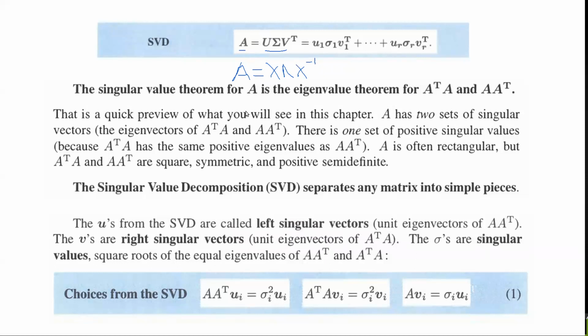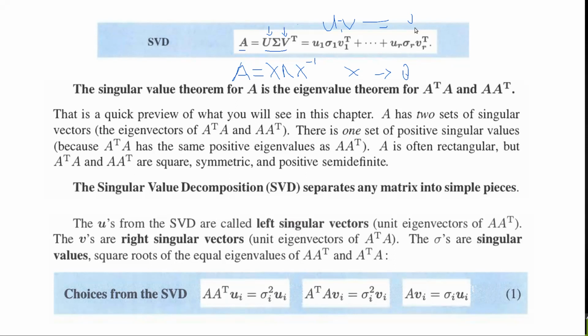We said that we can make these eigenvectors unit vectors so that X becomes orthonormal. But we can do the same also for these eigenvectors in the U's and the V's, so that U and V are both orthonormal matrices.